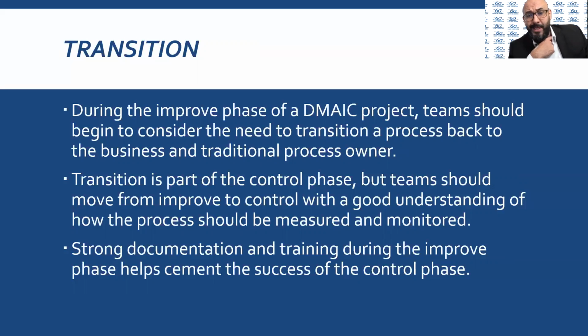Strong documentation and training during the improve phase helps cement the success of the control phase. So in order to have a successful transition, we have to have a successful improve phase. We have to have successful documentation of the documents and effort that we have done.